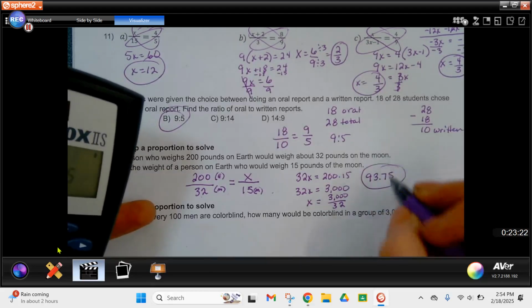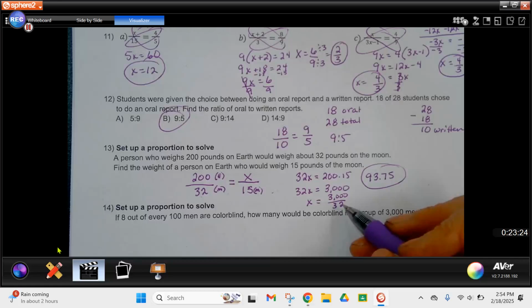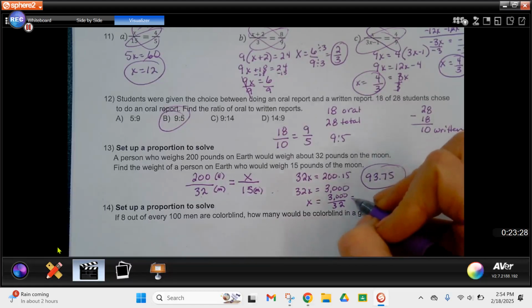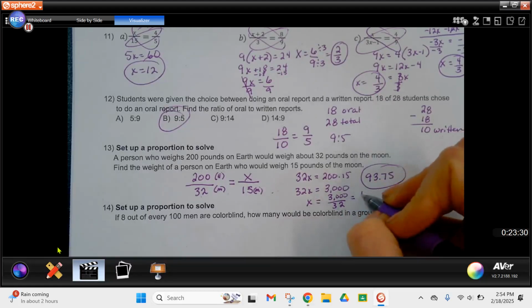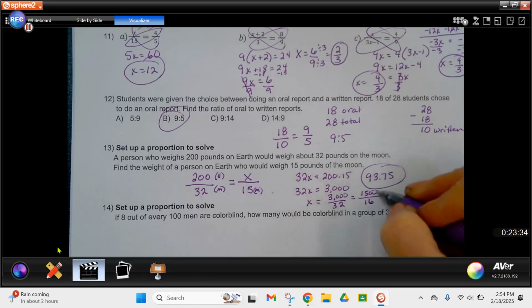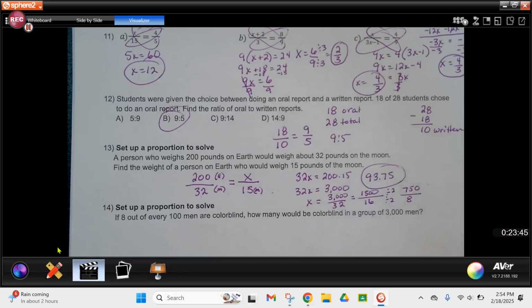If I want to leave it as a fraction, it does have a common factor of 2, so I can divide this by 2, and I get 1,500. Divide this by 2, I get 16. Oh, it still has a common factor of 2, so I can divide both top and bottom again by 2, and I get 750 over 8. Oh boy, we can keep going.